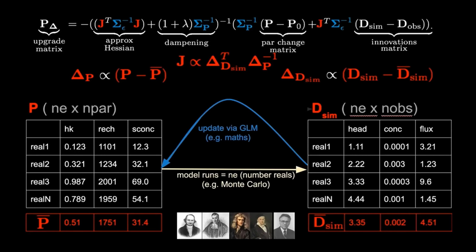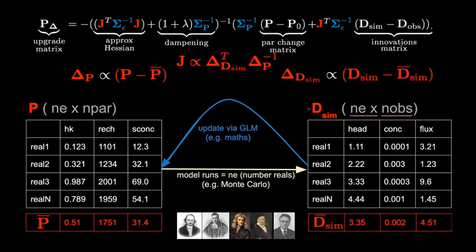Using that approximate Jacobian matrix, we plug that into the ensemble form of the regularized GLM equation, and that yields a parameter upgrade matrix, P delta. P delta has the same shape as P, and in fact we add P delta to P element by element, thus yielding a new parameter ensemble, and that completes one iteration of the ensemble smoother algorithm.